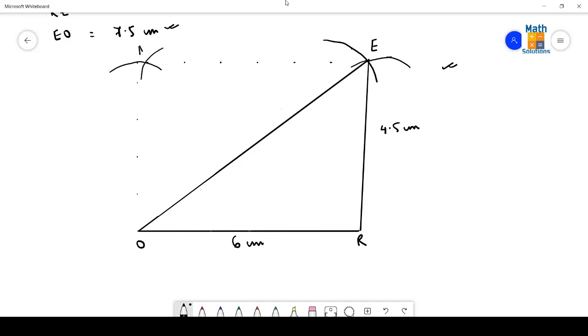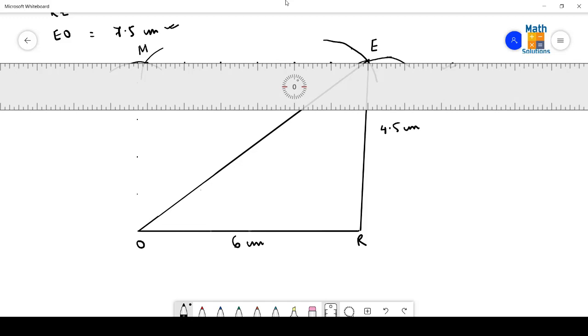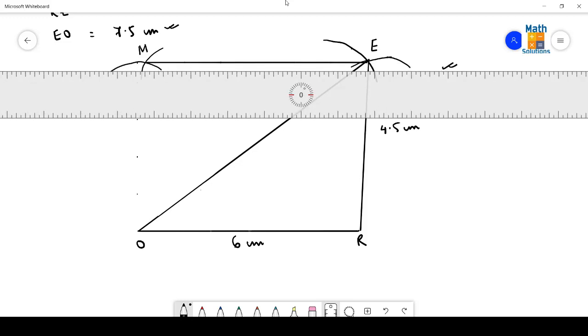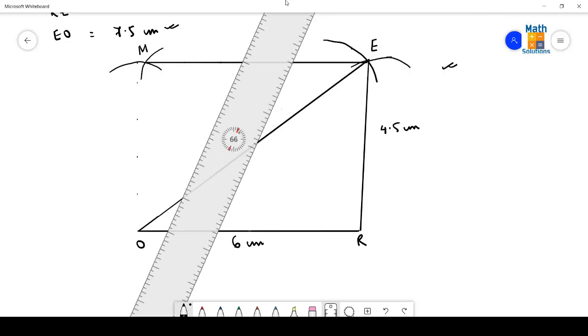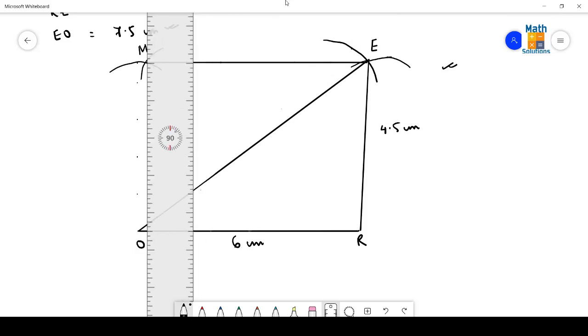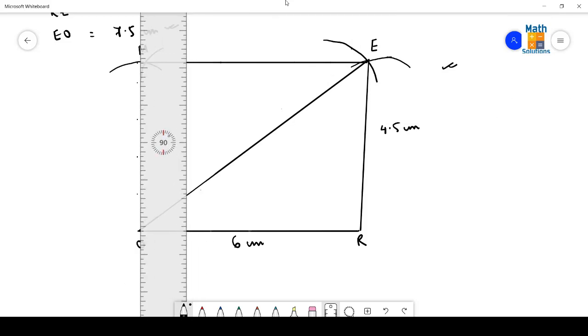So this point of intersection is nothing but M, and then we have to join these points. Say E and M will have to be joined like this. It is joined, and then after M and O will have to be joined. M and O will have to be joined like this.